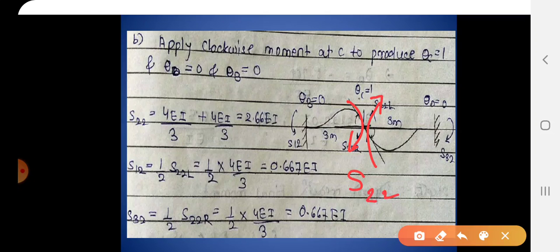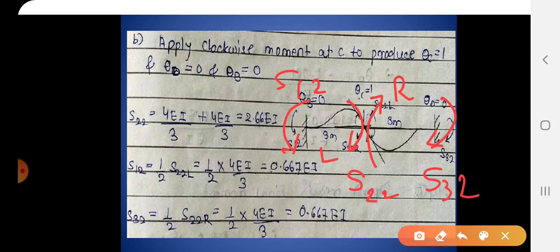Applying the moment at C positive, we get S22, and this will be L and R. At B this moment will be carried over half, which will be S12. At point C again this S22R will get carried over 50%, therefore this ordinate will be S32.